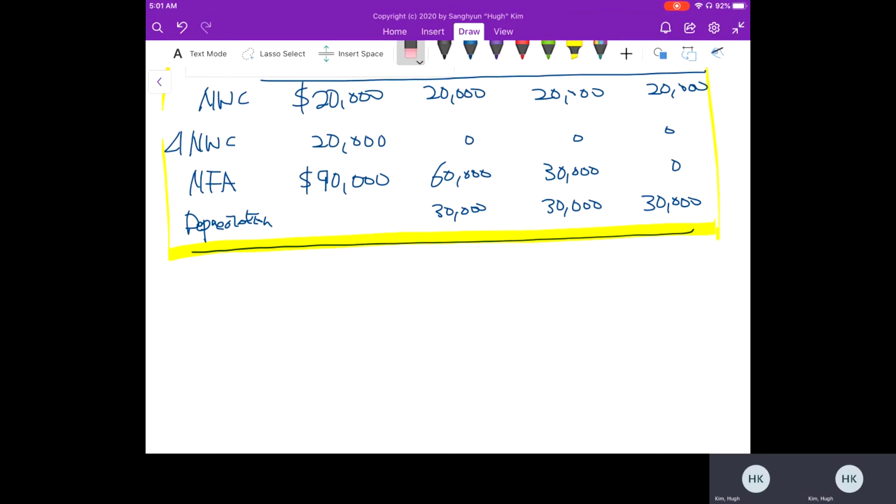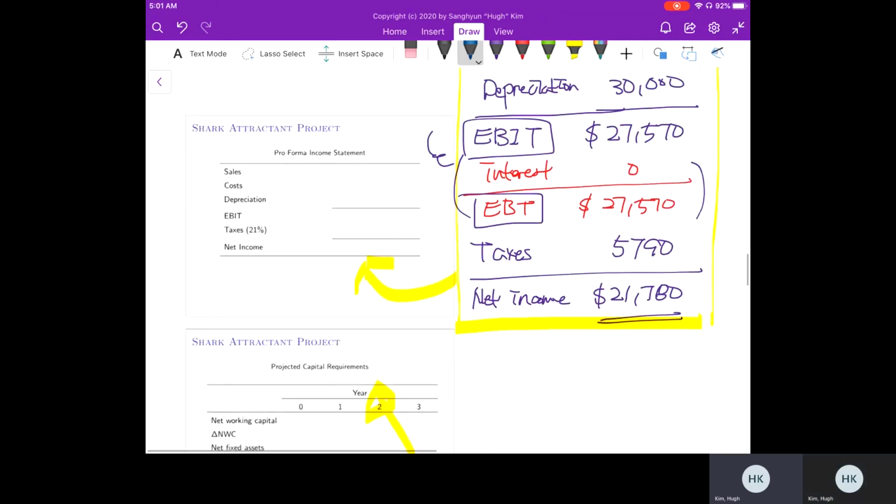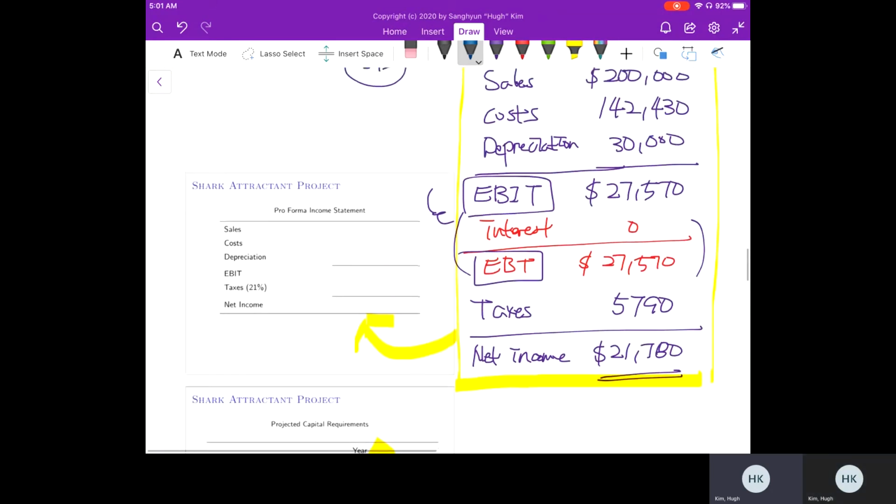First we have to compute operating cash flow, OCF. You can start from EBIT, then add back depreciation, minus taxes.